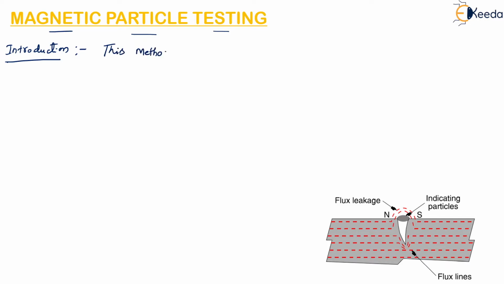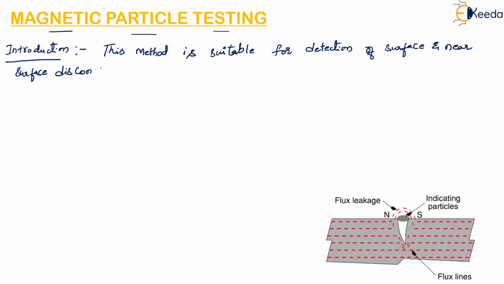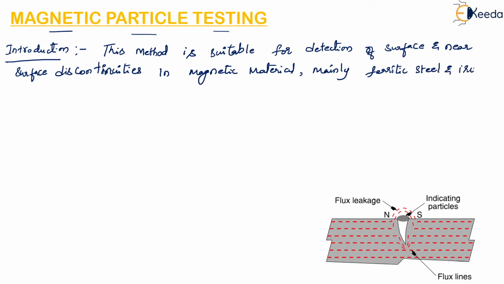So this method is suitable for detection of surface and near surface discontinuities in magnetic material, mainly ferritic steel and iron.